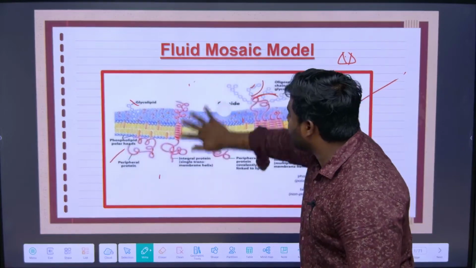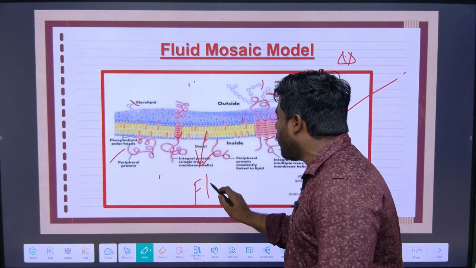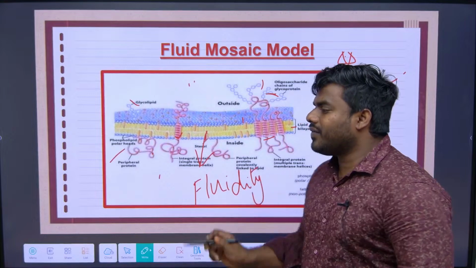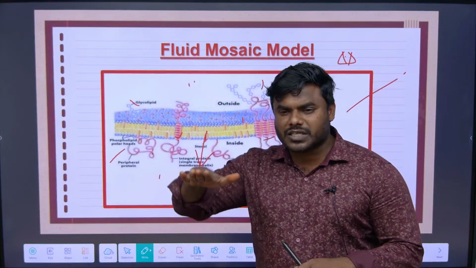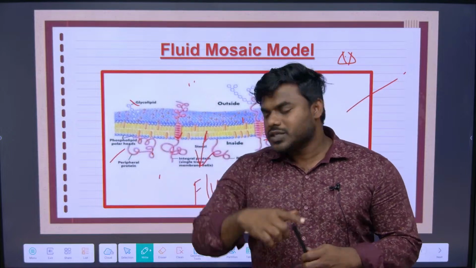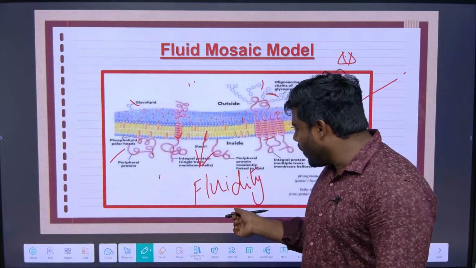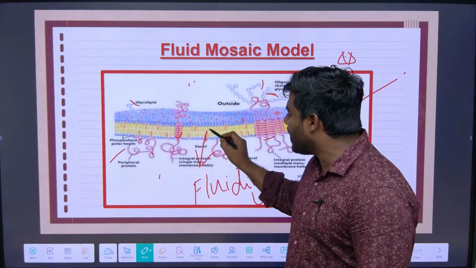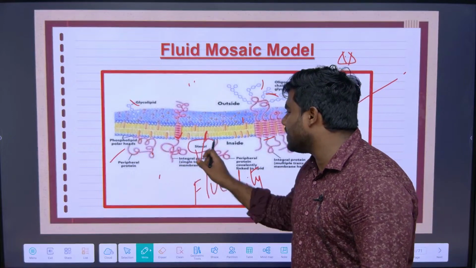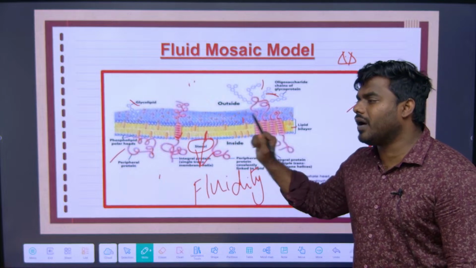Whatever cholesterol is present on the membrane, it is responsible for the fluidity of the membrane. Never forget that the plasma membrane is never stagnant. The plasma membrane is always moving. That is what we exactly call fluidity. That fluidity of the plasma membrane is given by what? Cholesterol molecules, which are a type of sterol. This is the simplified structure of the plasma membrane.